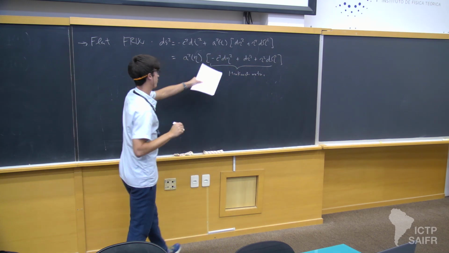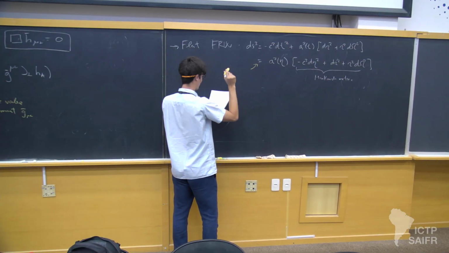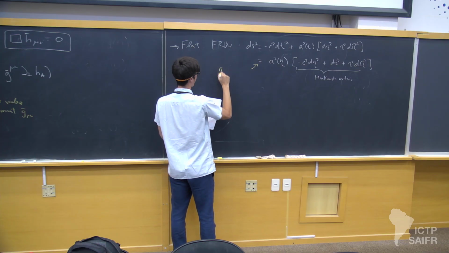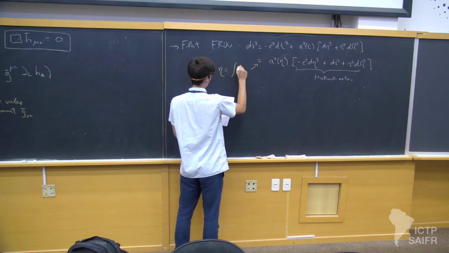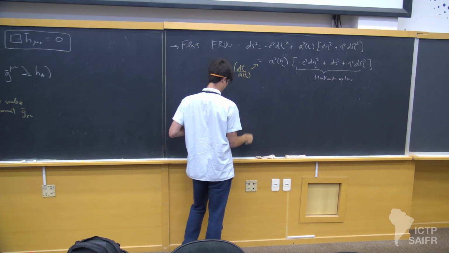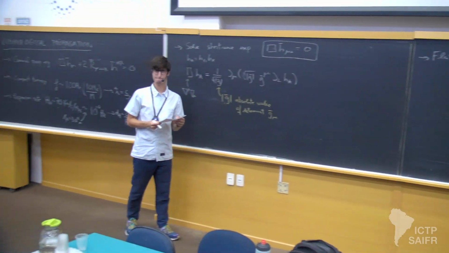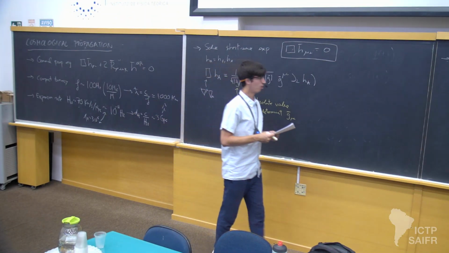But we have done it by defining the conformal time, which is dt divided by a of t. Yes? Okay.